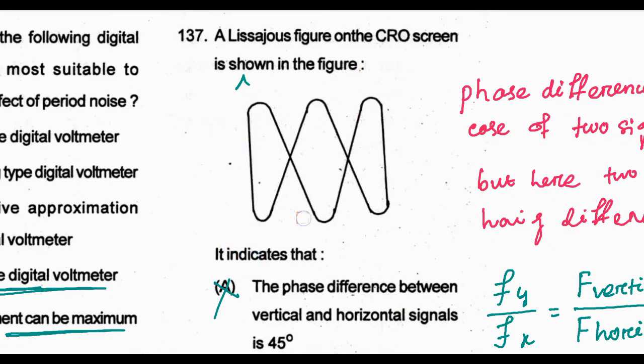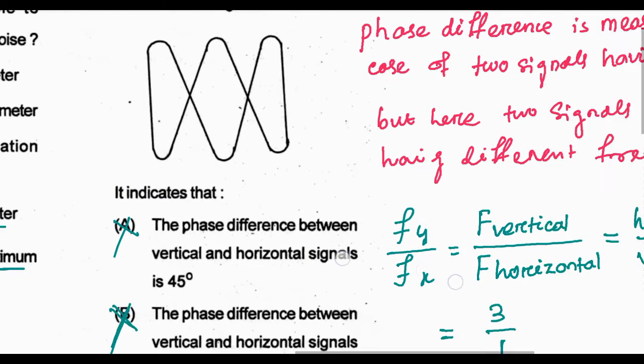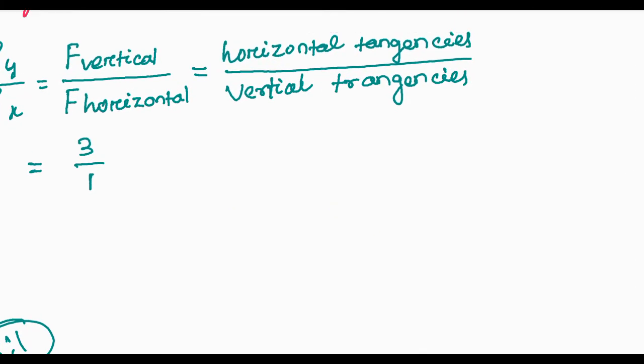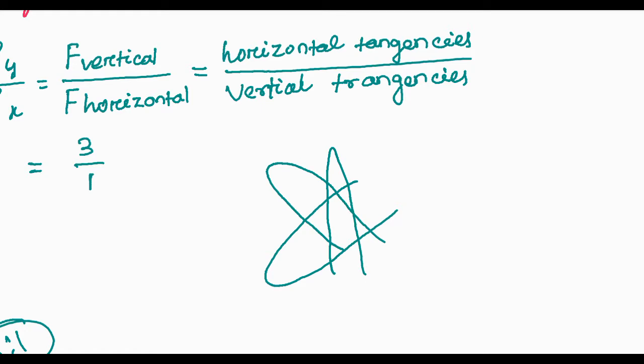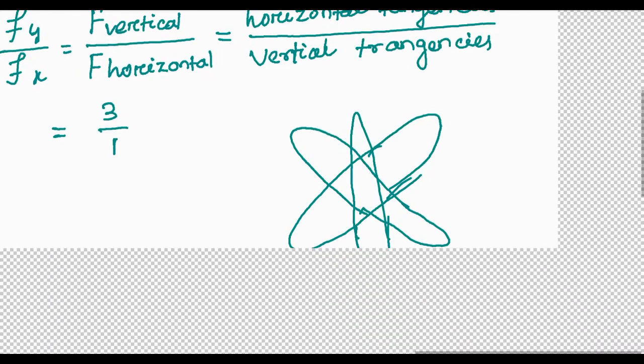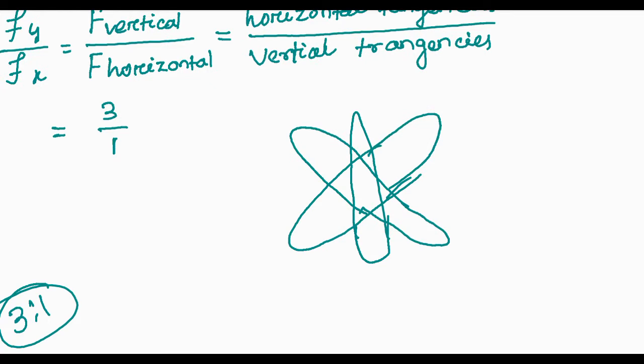Suppose I show you what type of plot there could be. Suppose the plot is given like this, here another, and here another. If the plot is like this, I am only counting the tangencies here.